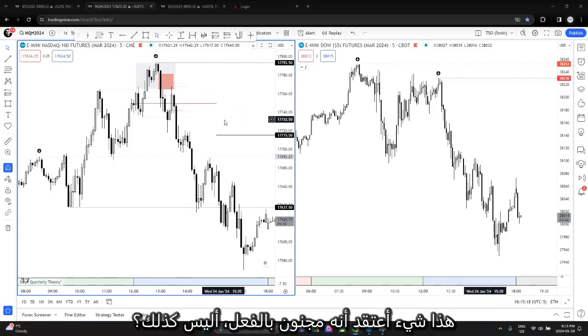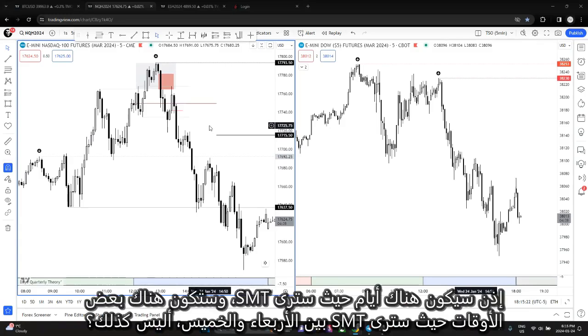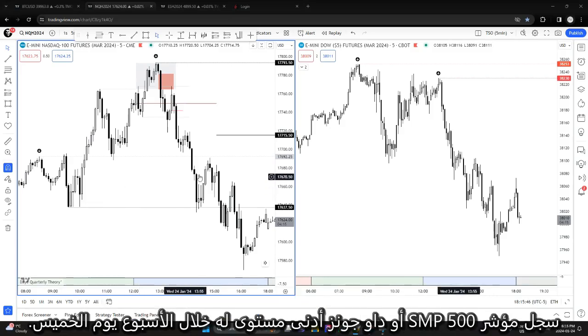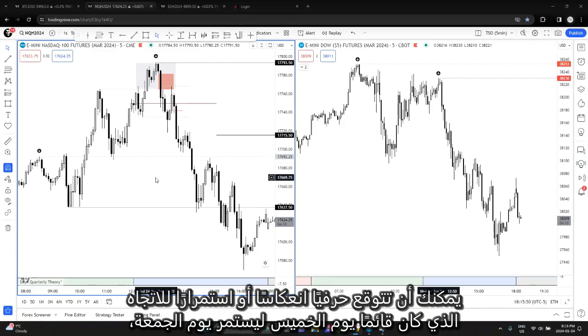This is something that I think is actually crazy, right? So there will be days where you will see SMT between Wednesday and Thursday, right? So you'll see NASDAQ make the low of the week on Wednesday, and then you'll see, for example, the S&P 500 or Dow Jones make the low of the week on Thursday.